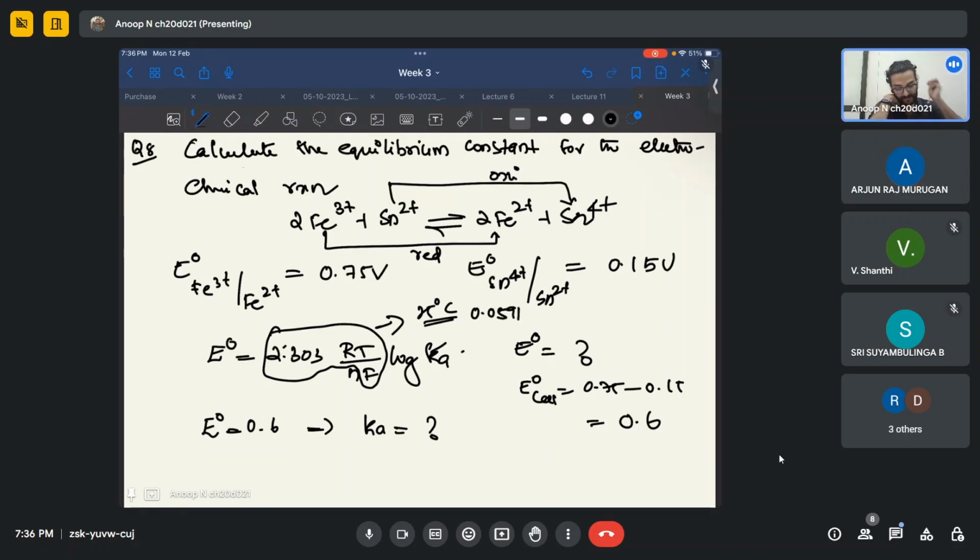So direct substitute, then we'll get the value of K. Actually, it is 2.303 into R into T divided by F, that is log. Otherwise, if 2.303 is not there, it will be ln, so we are converting between log and natural log.